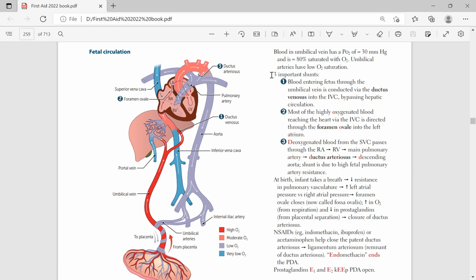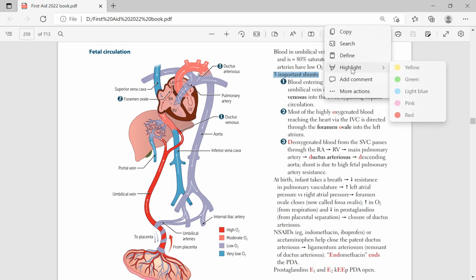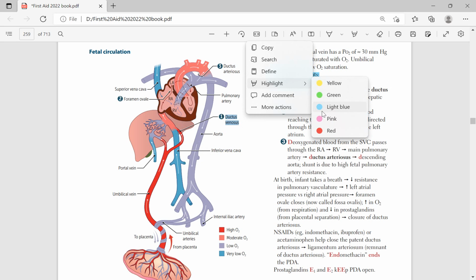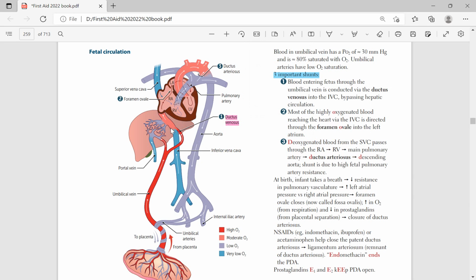Three important shunts in fetal circulation. Blood enters the fetus through the umbilical vein. It is conducted via the ductus venosus into the inferior vena cava, bypassing hepatic circulation.